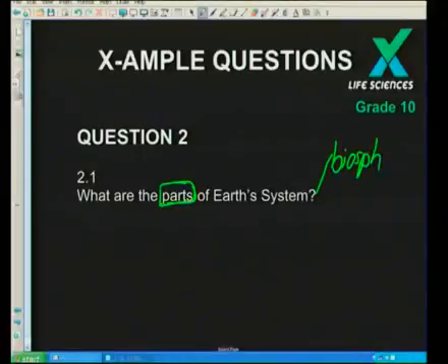Now remember, the biosphere is the part of the Earth that includes all the living organisms, all the plants, all the animals, every single little microorganism is a living organism and forms part of the biosphere, which is integrating with the whole system, with the whole Earth.